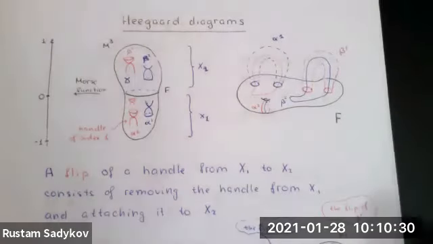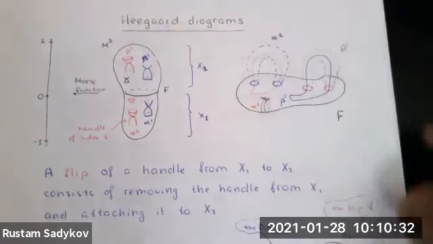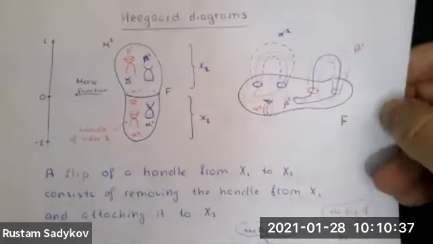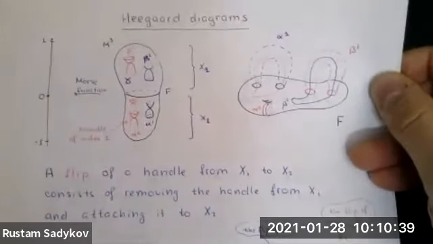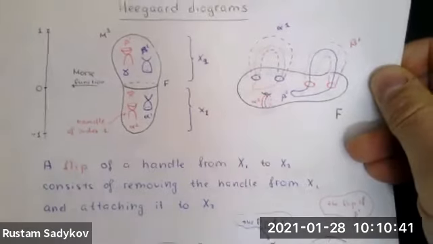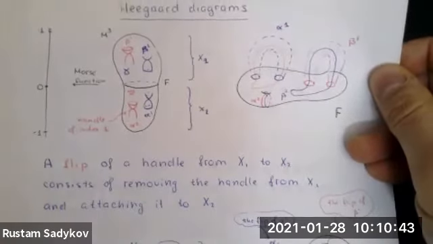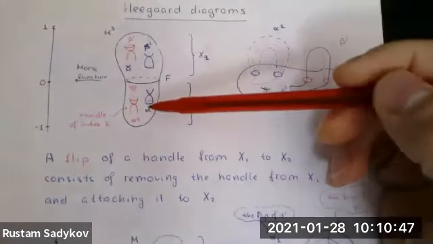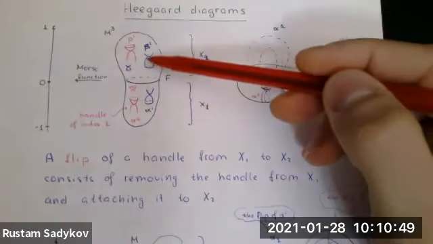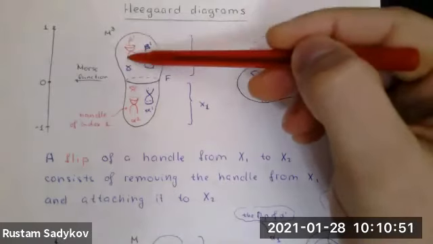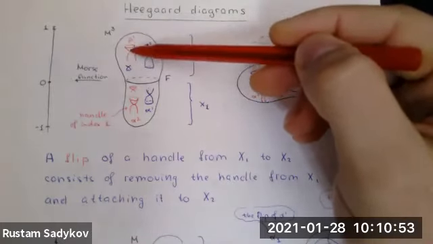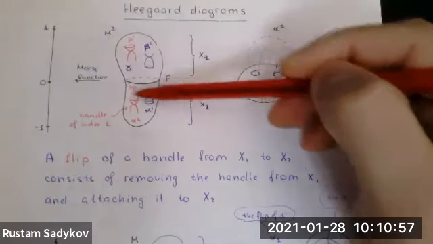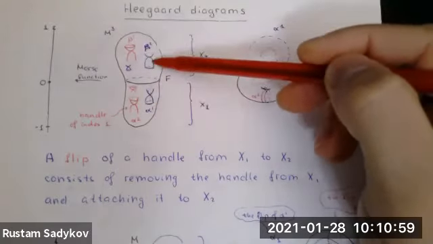And now suppose that I want to use this decomposition of the manifold M to build a Heegaard decomposition, a decomposition into one-handlebodies. So what do I need? Well, I need to flip handles. I need to take all handles of index 1 from the top and bring them down. So all these red handles should go down, and all the blue handles should go up.